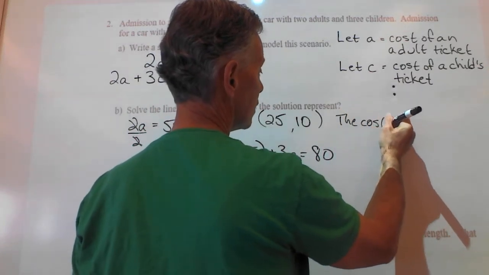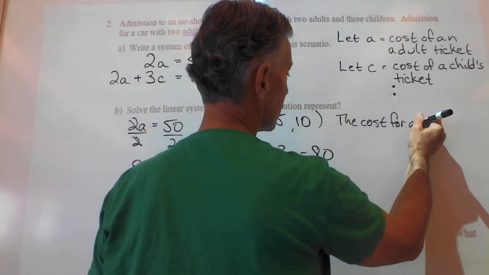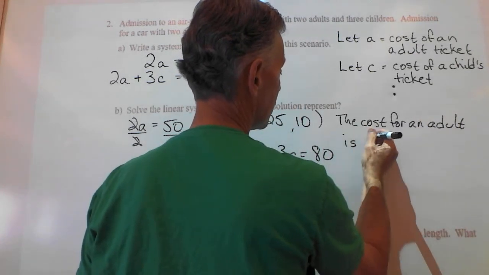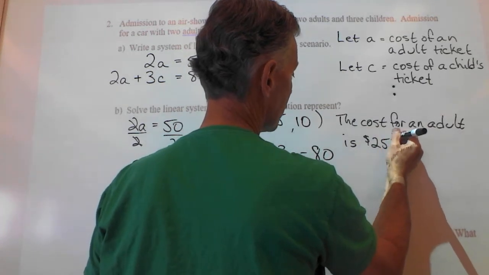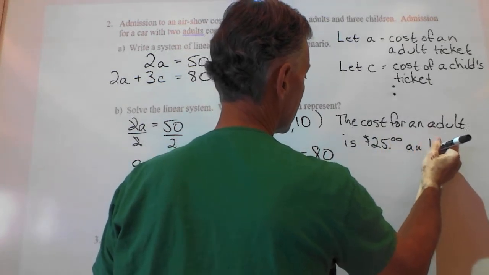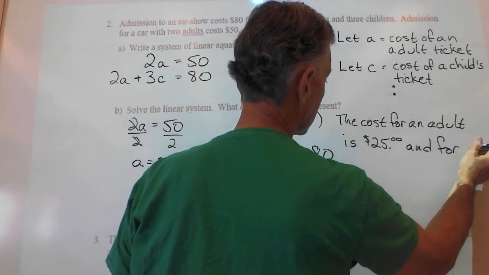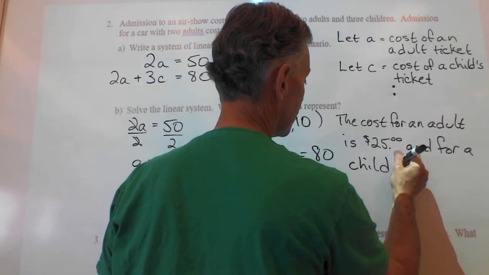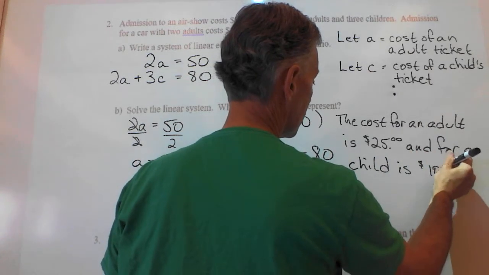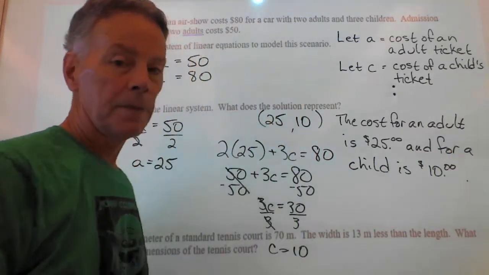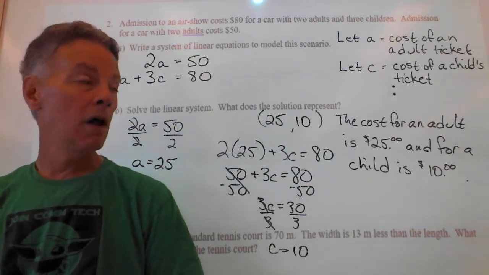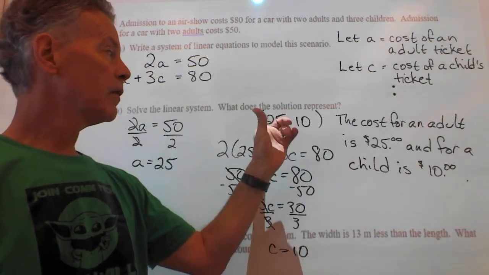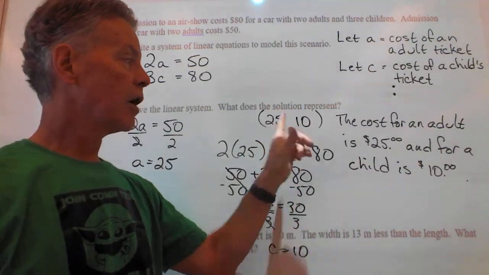The cost for an adult is $25, and for a child is $10. Okay? So, that's what our solution represents. It represents the cost for an adult, the cost for a child.